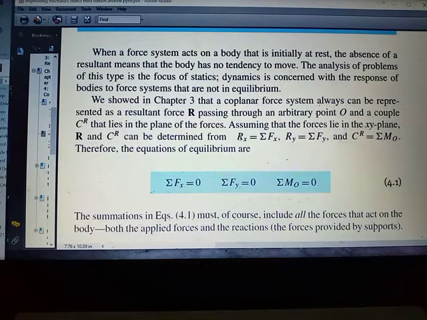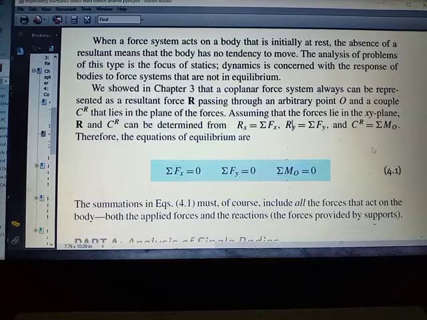So, we know that in the previous chapter, the coplanar force system, Rx is equal to the summation of Fx, Ry is equal to the sum of Fy, and C_R is the summation of moments.